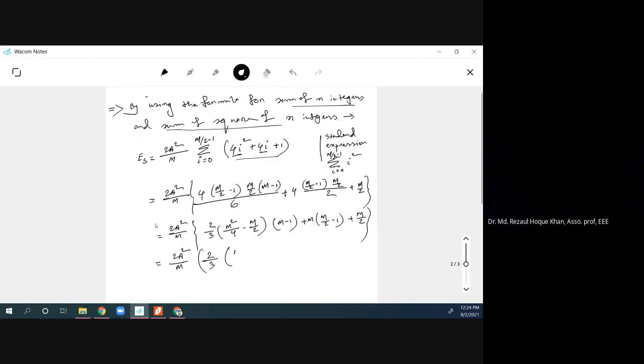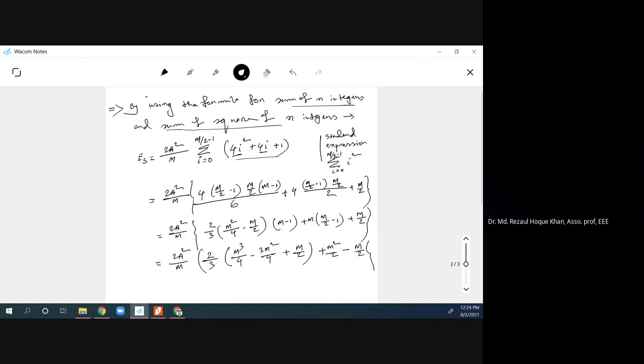You can have M cubed by 4 minus 3M squared by 4 plus M by 2, plus M squared by 2 minus M by 2.